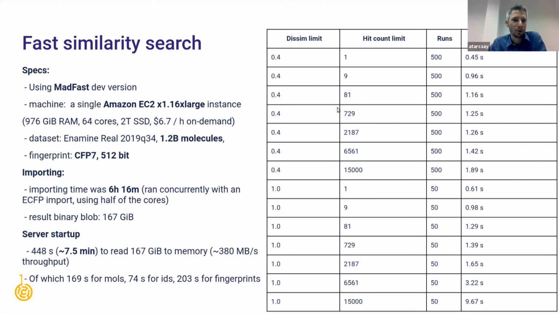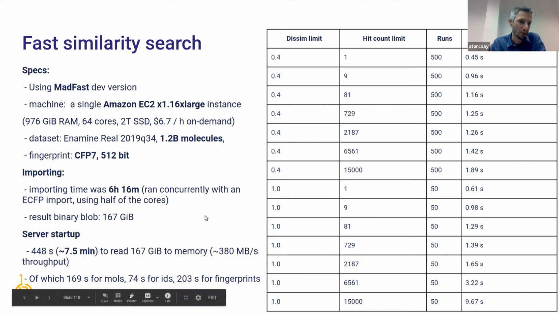With similarity searching, we rented an Amazon cloud EC2 instance that has 1 terabyte RAM, loaded the 1.2 billion structures using chemical fingerprints, in this case 500 bits long. Pre-processing took 6 hours, and the server can be started up in 7 minutes.